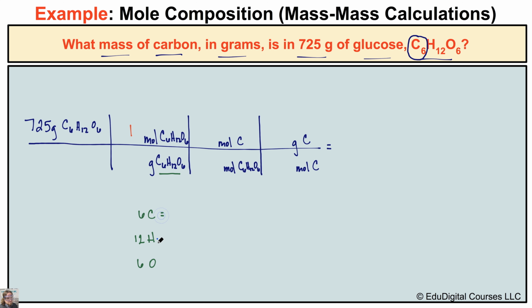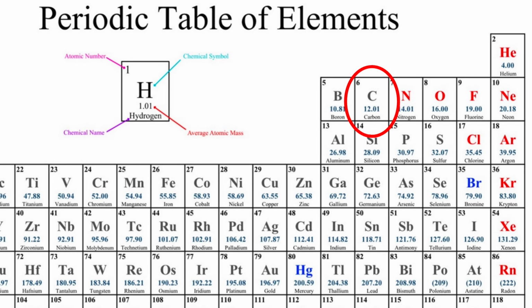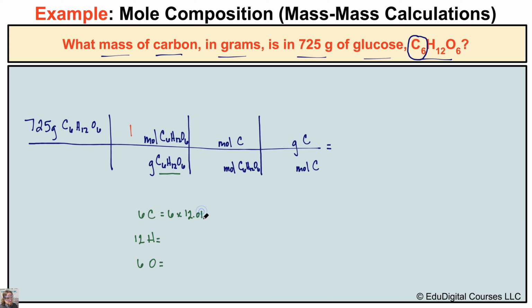And so we need to pull out our periodic table, because we need to take the number of moles, which in this case is 6, and multiply it by the molar mass of carbon, which is 12.01 grams per mole. We're going to leave off the units here, and that's acceptable when we're doing the molar mass calculation. We'll get 72.06 here.